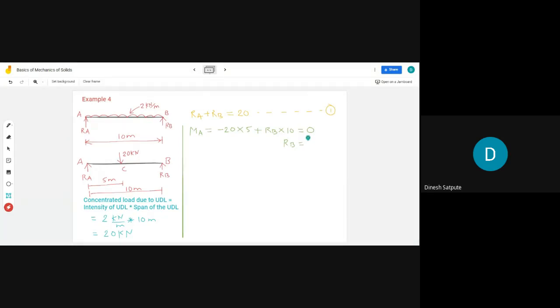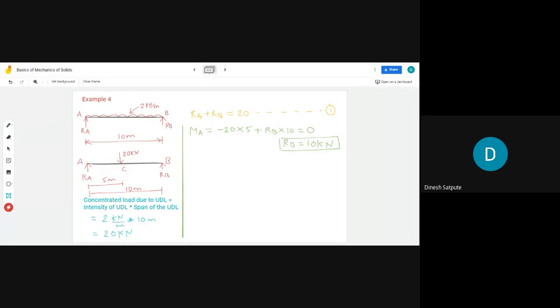So almost all will get it correct. That is equal to 10 kilonewton. Always mention unit. 10 kilonewton. Now, next is find out what is RA from equation number 1.